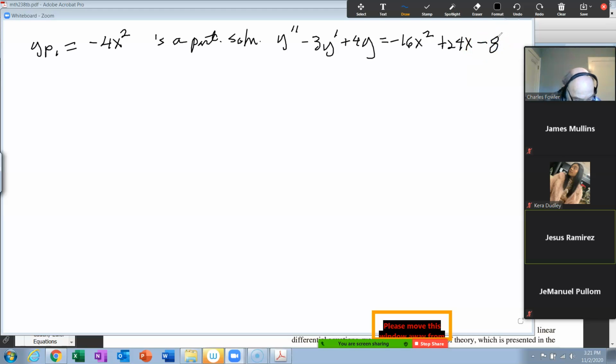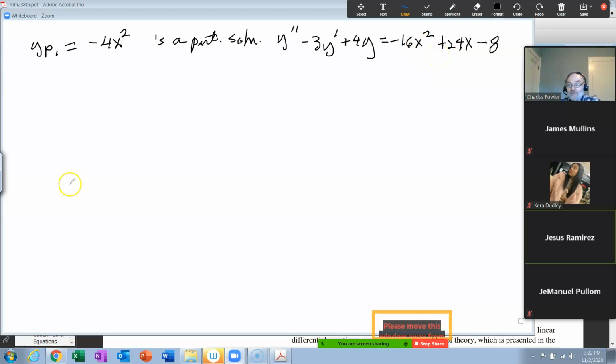Now, we got two more to go, but let's do this one first. We first need to show that it is a particular solution for that differential equation equaling that g of x.